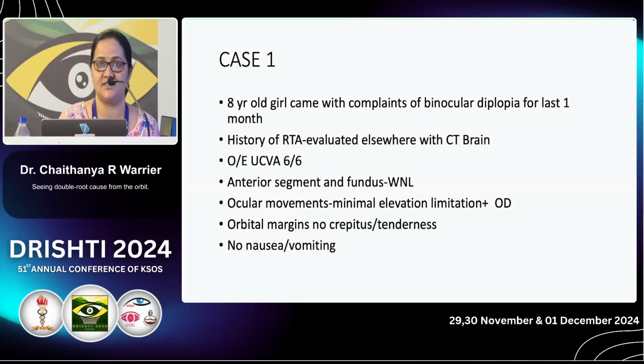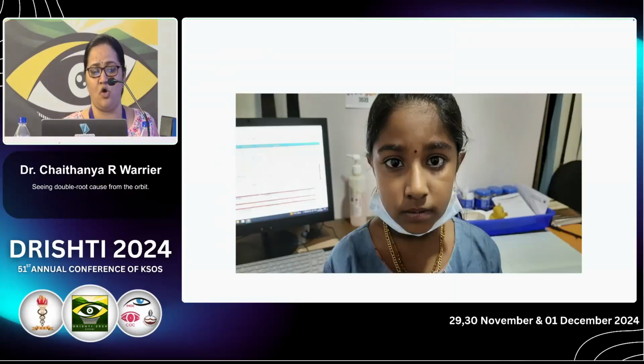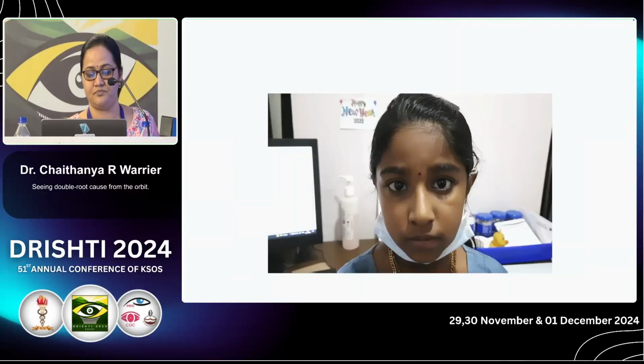Coming to clinical cases, an 8-year-old girl came to the OPD with complaints of diplopia. There was a 1 month history of RTA. Her vision is 6/6 and she was evaluated elsewhere with CT brain and it was normal. See, on her photographs, she is orthophoric.